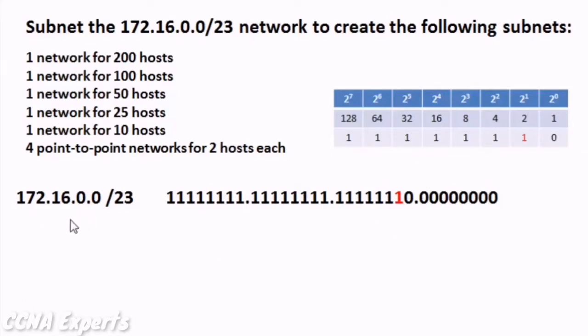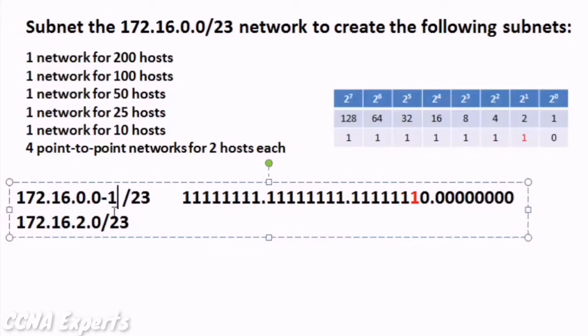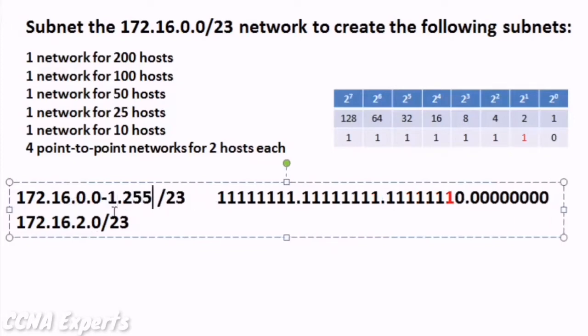So the next subnet will be 172.16.2.0/23. So the address space that we're working with goes from 172.16.0.0 all the way up to 172.16.1.255.